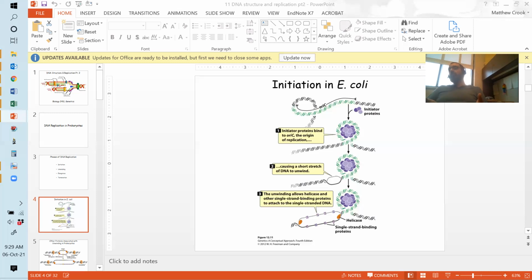Because we have to open DNA so that all that machinery that we saw in that video, DNA polymerases, primases, and so on and so forth, can actually come in and synthesize a second strand using each of those single strands as template. So the very first part is getting the DNA open, holding it open, and then opening it further with the helicase.